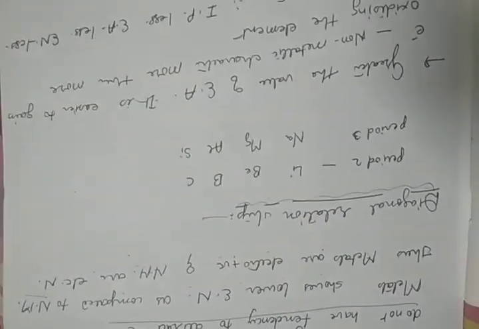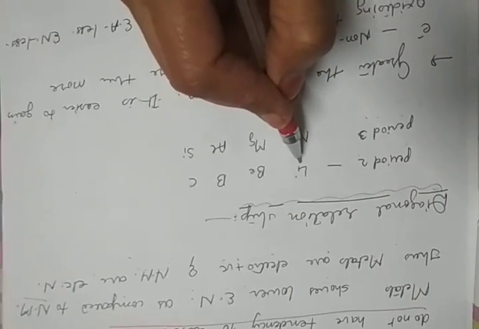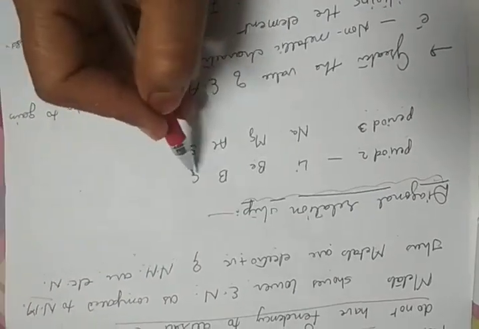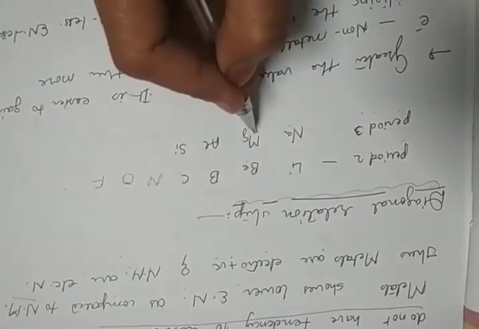Now the next point is diagonal relationship. Now consider the elements of period second and period third. Elements of period second are lithium, beryllium, boron, carbon, nitrogen, oxygen and fluorine. Third period are sodium, magnesium, aluminium, silicon, phosphorus, sulfur and chlorine.